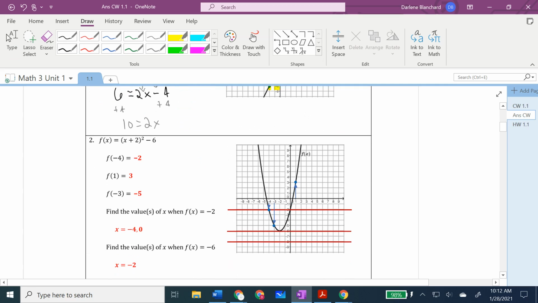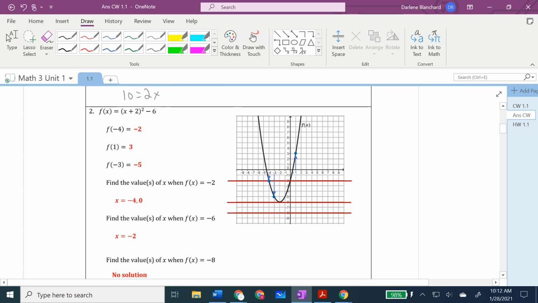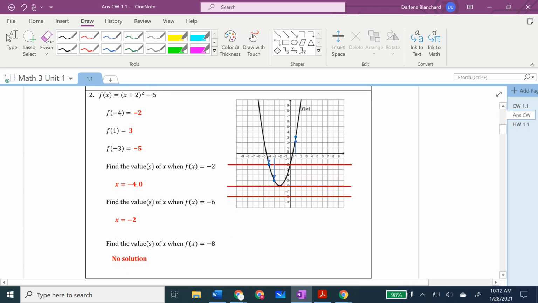With the second one, similar issues, but I want to point out to you these 3 different situations with solving.